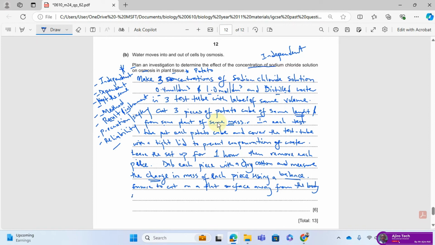Then reliability, you can go on to say repeat the experiment for each concentration 3 times, and take the average, excluding anomalous results.